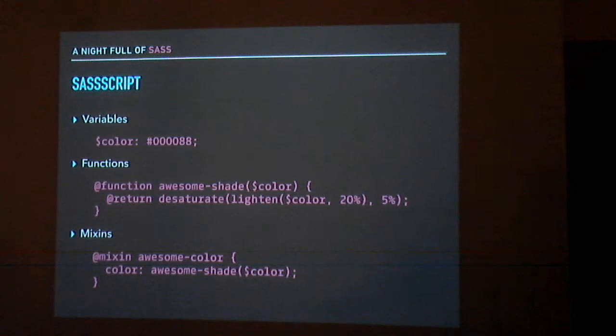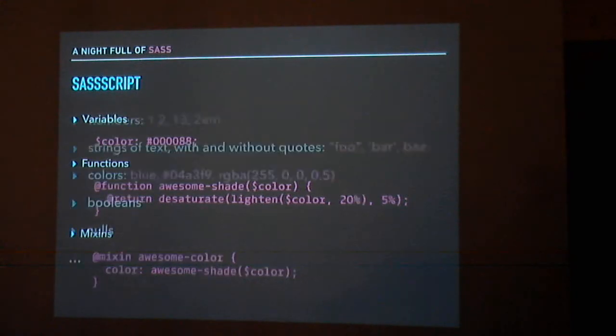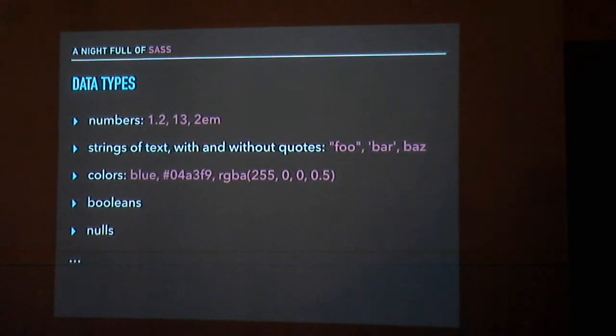So when it comes to variables, there are several data types that Sass supports. Some of them are pretty standard, like numbers and strings. And Sass is really not picky when it comes to how you use strings. They can be single or double quoted or just not quoted at all. Normally the recommendation is, whenever CSS expects your string to be quoted, quote it.